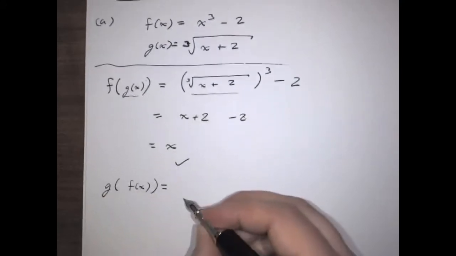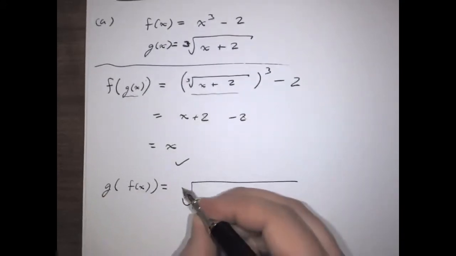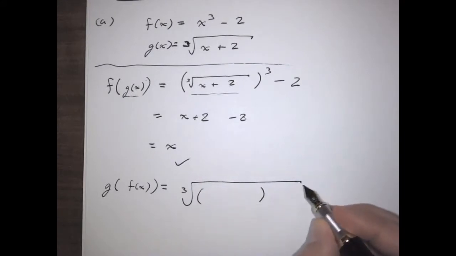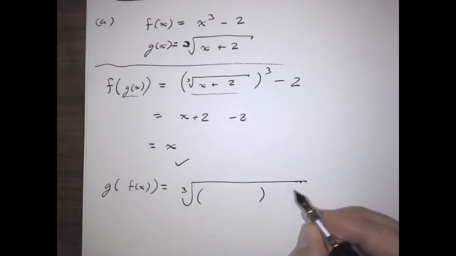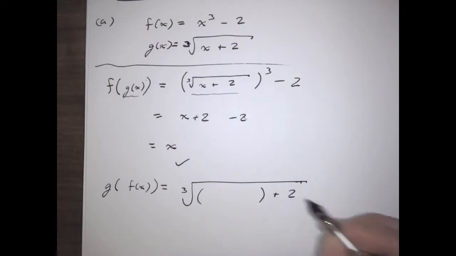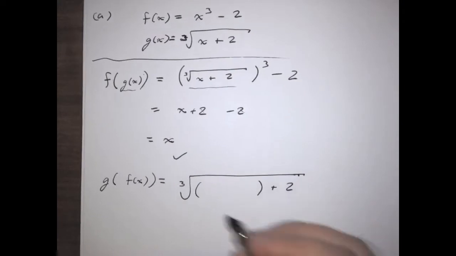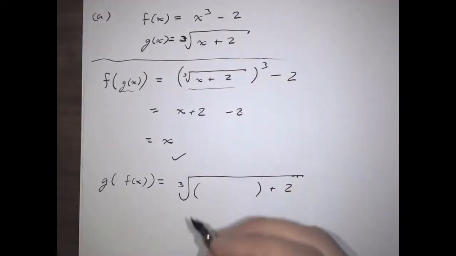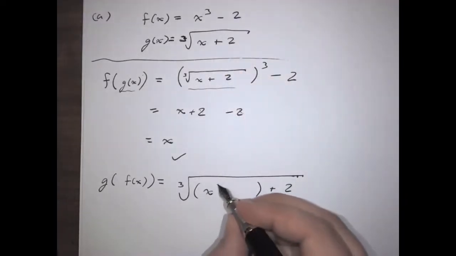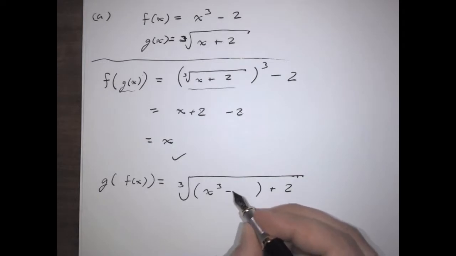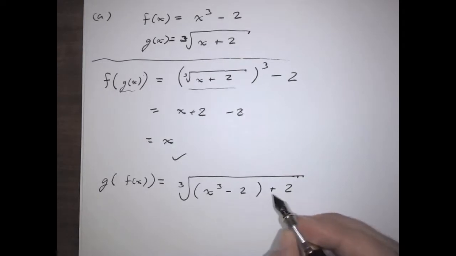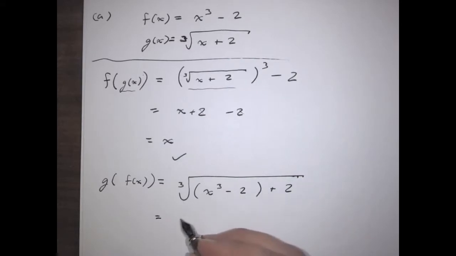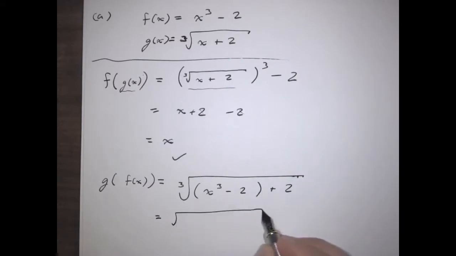So that means that the cube root of the input plus 2 should then, if I put in here the formula for f, simplify down to just x. Well, let's see. So we'll have x cubed minus 2, and now those parentheses aren't really doing anything, so I'll just write it again without them.